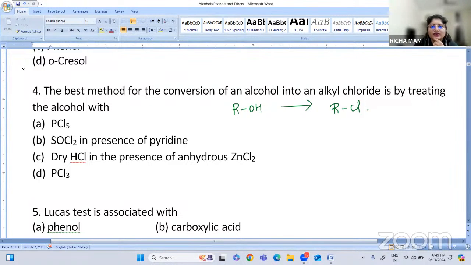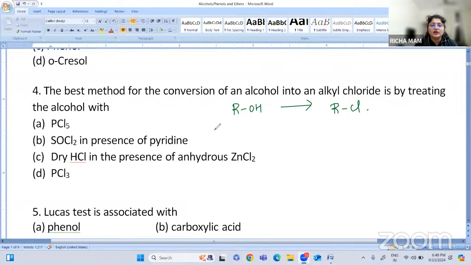When we are doing the conversion from alcohol to an alkyl chloride, how are we going to do that? When we studied the preparation of alcohol, the best method to prepare alkyl chlorides from alcohol is by treating it with thionyl chloride.